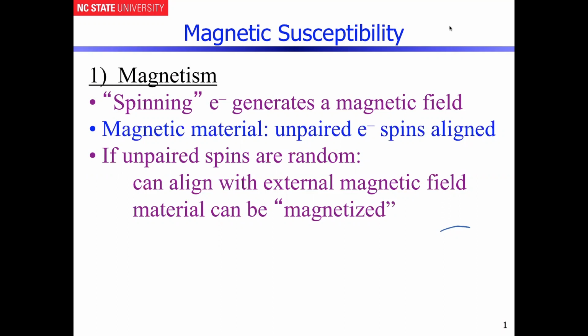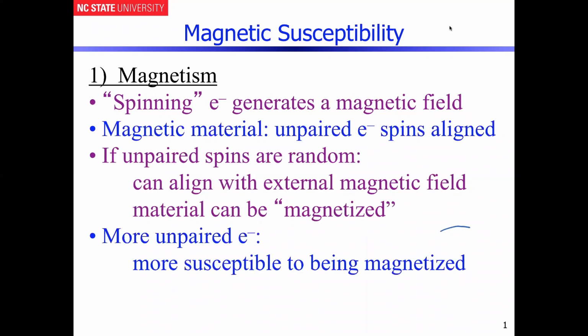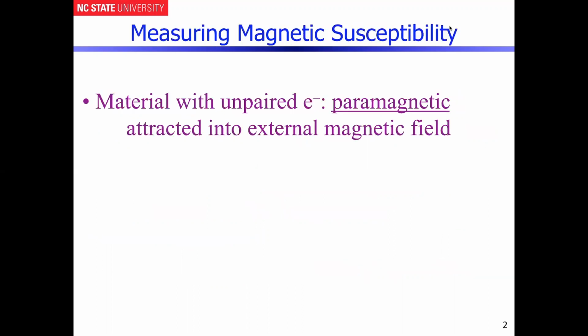And when you do that, that's called magnetization, or it can be magnetized. And then the idea is the more unpaired electrons you have in your sample, the more susceptible the material will be to being magnetized. And of course, it's that word susceptible that then leads us to really thinking about magnetic susceptibility.